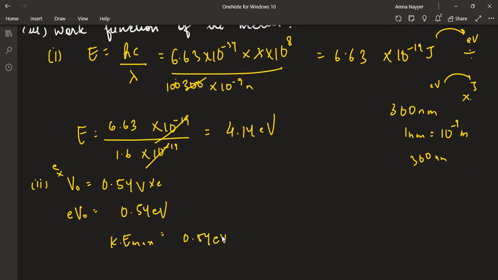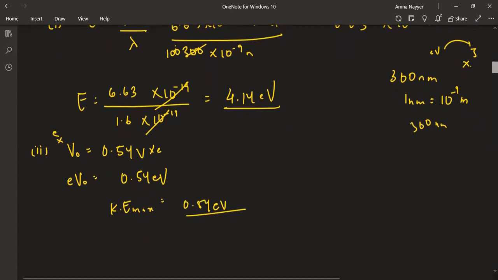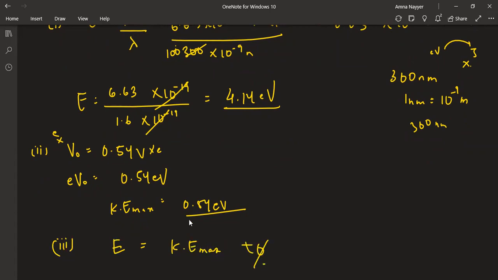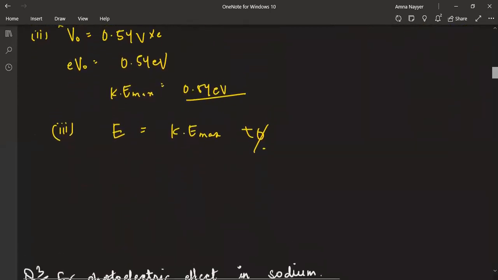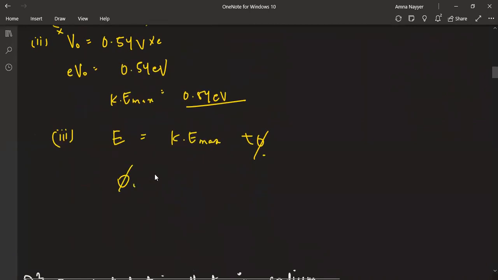Finally, it is asking you the work function. Class, the energy of the incident photons you have, kinetic energy you have. Work function calculation is very easy. Third part: energy is the sum of maximum kinetic energy and work function. This has been calculated, this has been calculated, only work function is left. So work function will be energy minus the maximum kinetic energy.